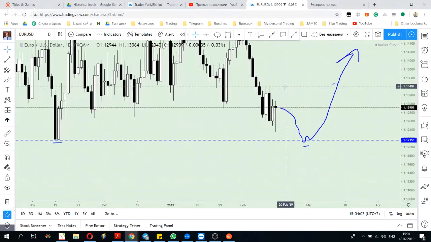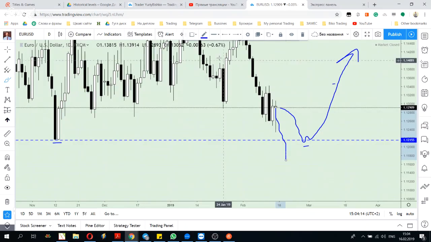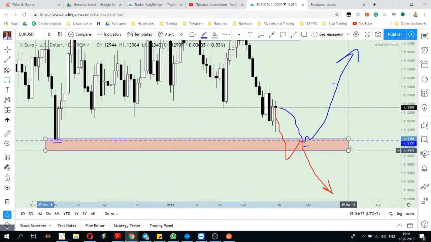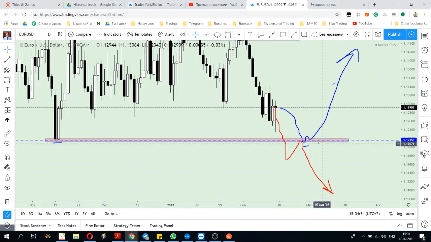Also, there could be a different scenario. Price just breaks powerfully down with a powerful candle, and a daily candle closes under this level. That will be a signal for us that price will continue the down move. That's why near this level I will watch Euro USD and wait to see how the price reacts on this level, because it is really important.